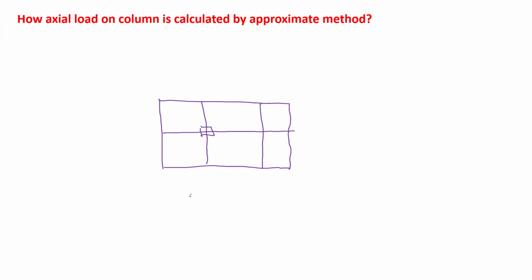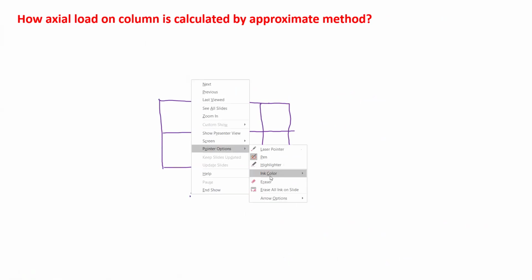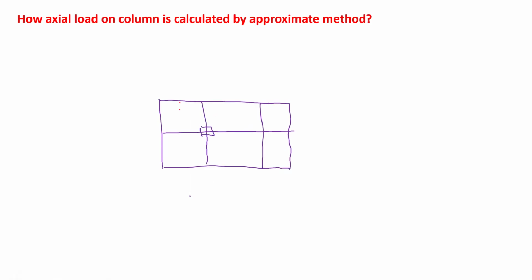Then we have to divide all the slabs into 4 parts. So whatever quarter we have nearby that column, that load will be shared by the column. So this area load will be shared by your column.